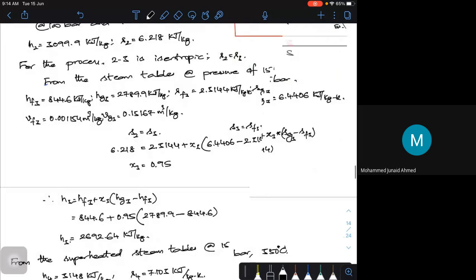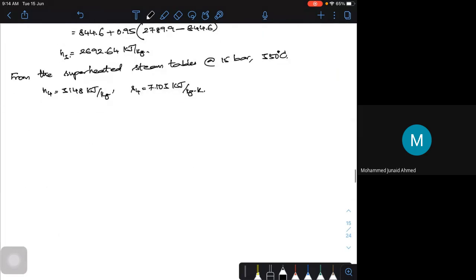So this particular thing I got it. Now, as the process 4 to 5 is isentropic, S4 is equal to S5, that is entropy at 4 is equal to entropy at 5.